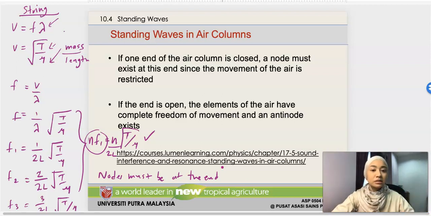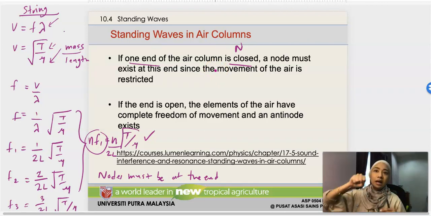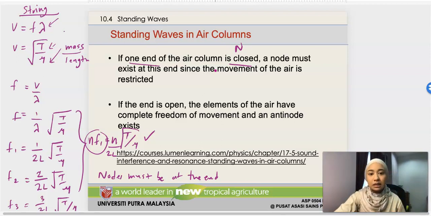So now let's talk about standing waves in air columns. If one end of the air column is closed, a node must exist at this end because that part is fixed, and the movement of air is restricted. If something is closed, or attached to a wall, or held by something, it means that it is fixed, the movement of air is restricted.